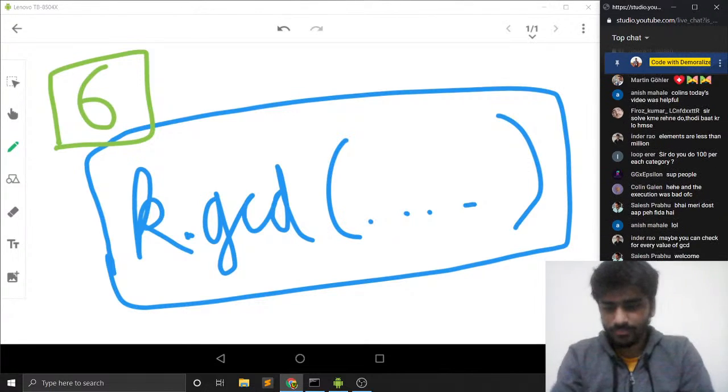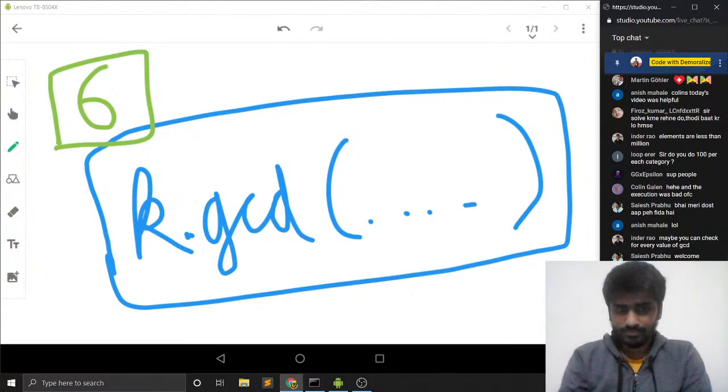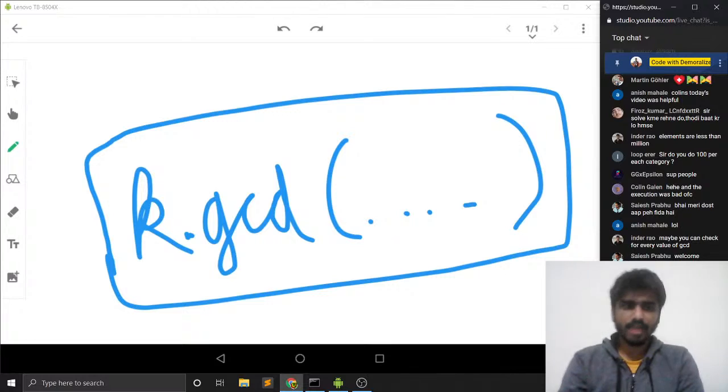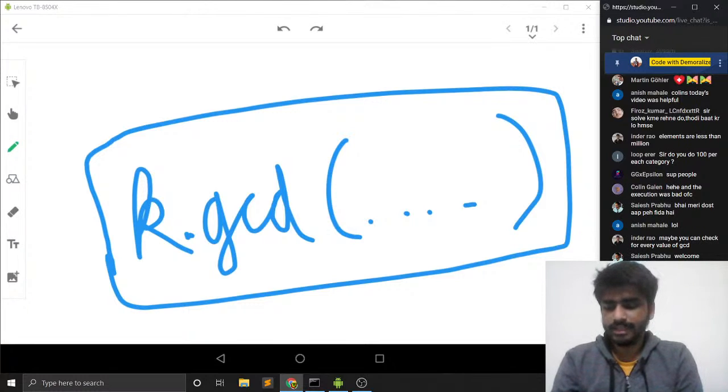So can we check for every value of GCD? Yeah, I thought of that. Thought of checking for every value of the GCD, but I think there's one problem with that.